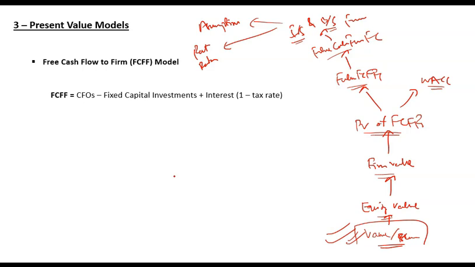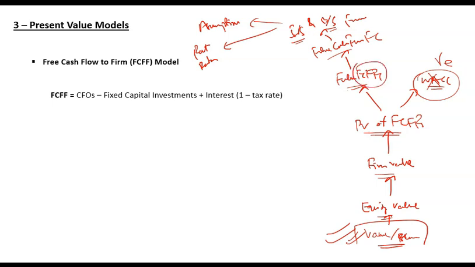Any questions so far? This is for FCFF. If, let's say, I am using FCFE, then again it is assumptions, past data, income statement, balance sheet, cash flow statement forecast, future FCFE forecast, and present value of the forecast. The only difference is that instead of using WACC, I will be using the required rate of return on equity, or cost of equity.